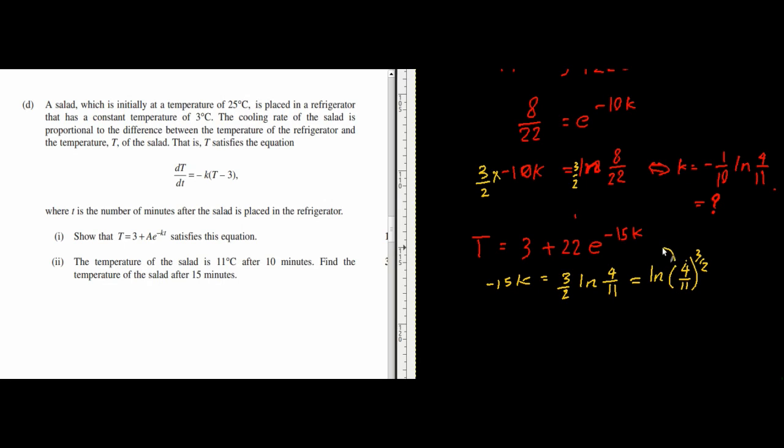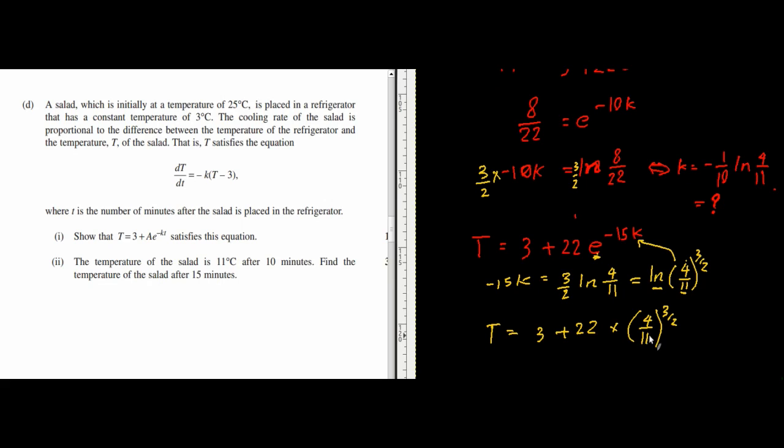Now I can plug this in here. And what happens with e and ln? They cancel each other out, and you end up with whatever's inside the brackets. So my actual temperature is equal to 3 plus 22 times (4 on 11) to the power of 3 on 2.